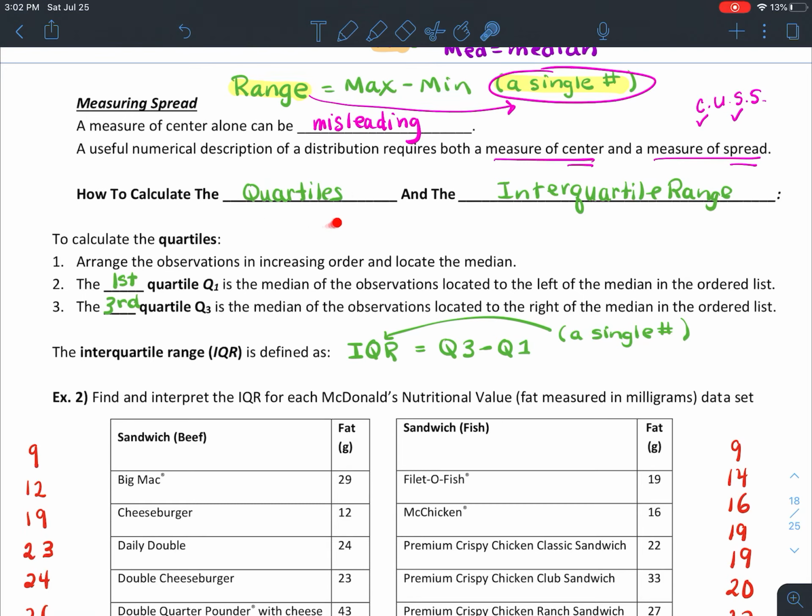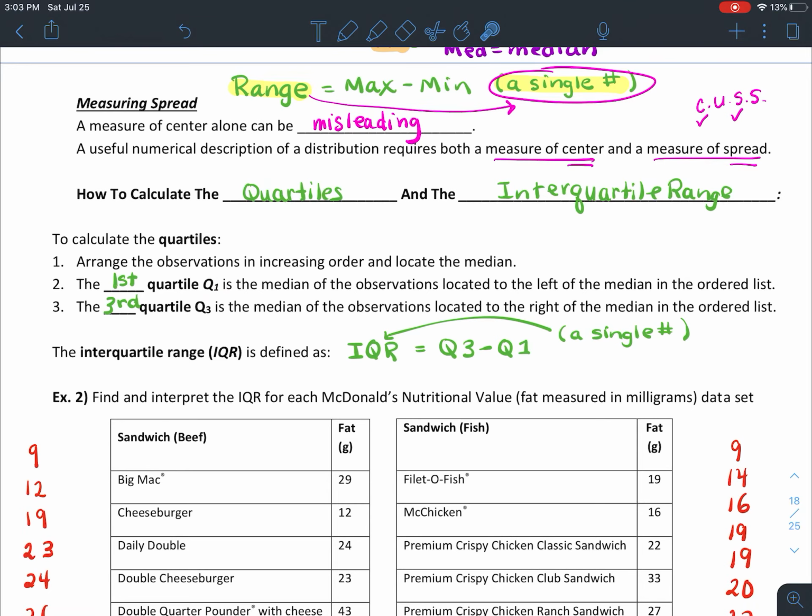Okay, quartiles really build off of the idea of medians. Once you have your median, it splits each half of the data into another half, and that's where we get the quartiles. It says to arrange the observations in increasing order, locate that median value.